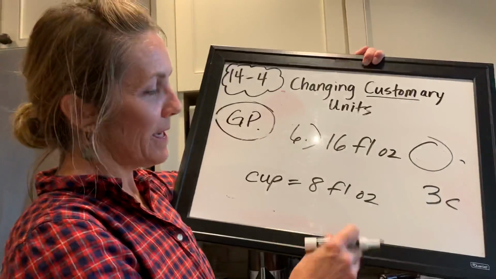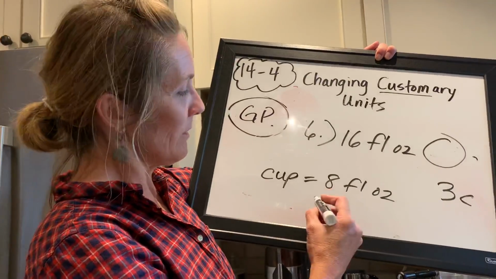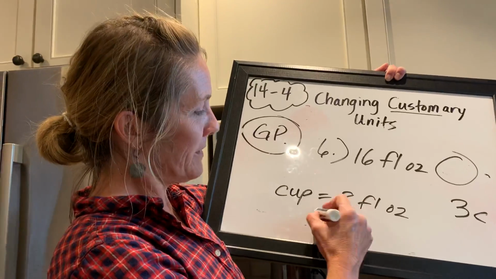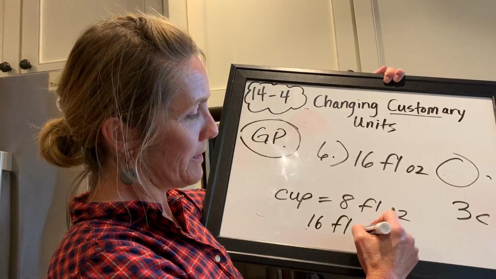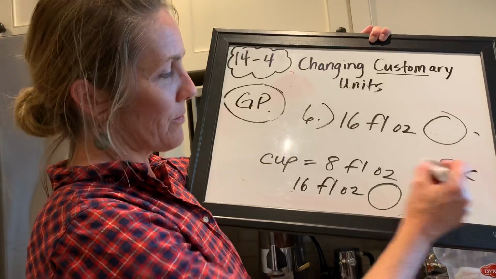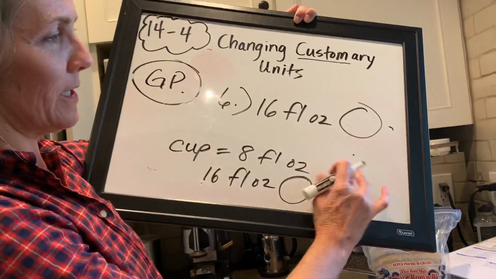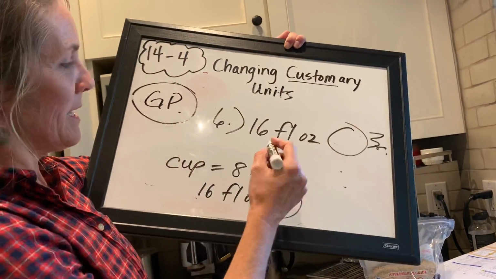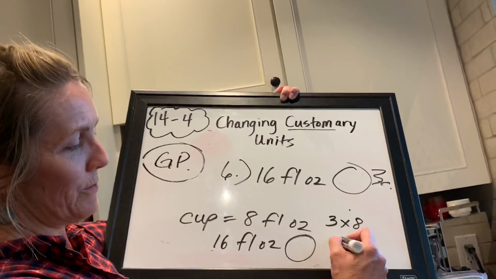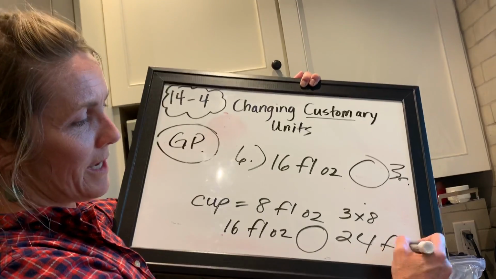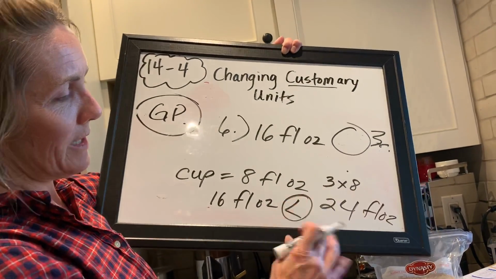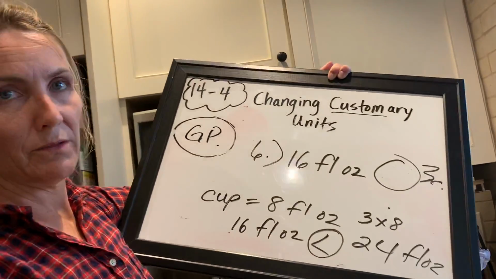So it's going to be 8 times 3. So I have 16 fluid ounces on this side and 3C on this side. So I'm gonna go 3 times 8, which is 24. So now you can see, definitely 24 fluid ounces is more than 16 fluid ounces.